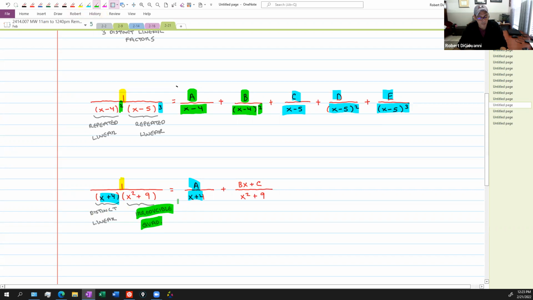You have to put not a generic letter over the irreducible quadratic, you have to put a linear expression over the quadratic. A linear expression, bx plus c, on top of that irreducible quadratic. That's the way we handle irreducible quadratics. So if it's a linear factor, you put just a generic letter over the linear. But if it's an irreducible, you put a linear over the irreducible.